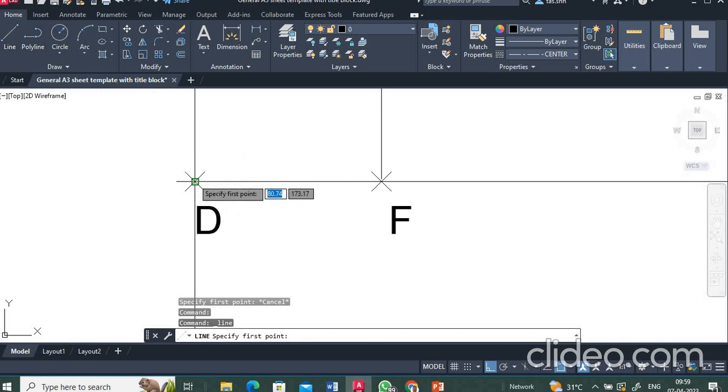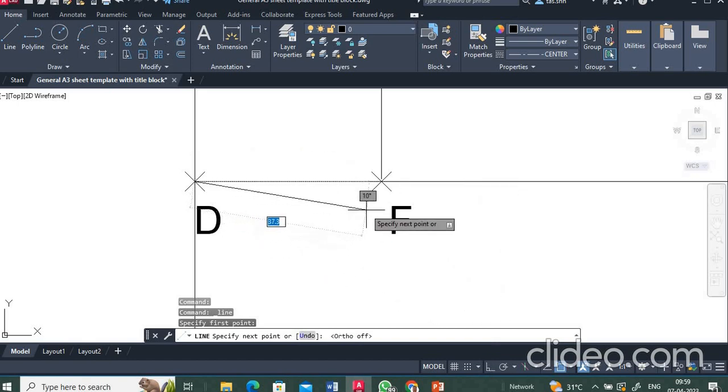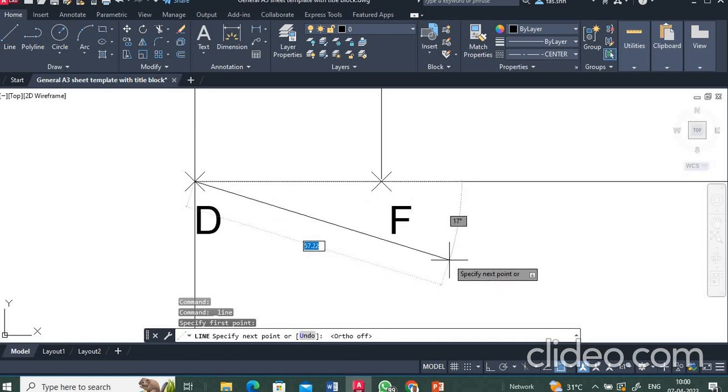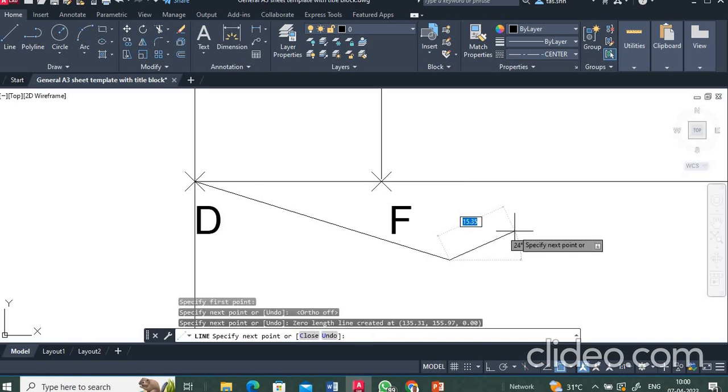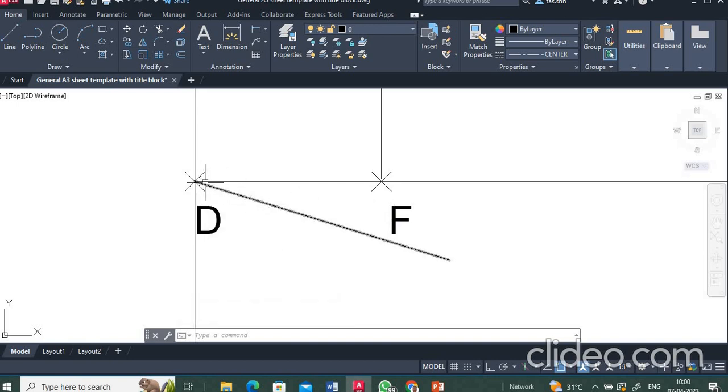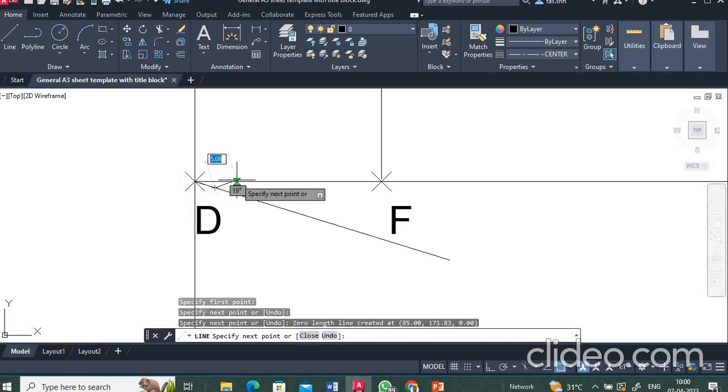From here, draw an angular line at an angle of less than 45 degrees. It may be of any angle. Okay, I am drawing a line at some angle. Now I am taking a constant length. I am drawing a line of some length. It may be 4.21 mm or whatever you like. You can take 1 centimeter also.